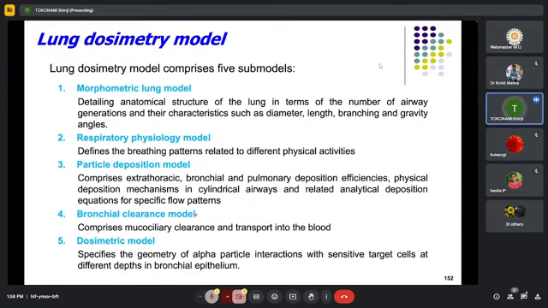Bronchial clearance model comprises mucociliary clearance and transport into the blood. The geometric model specifies the geometry of alpha particle interactions with sensitive target cells at different depths in bronchial epithelium.